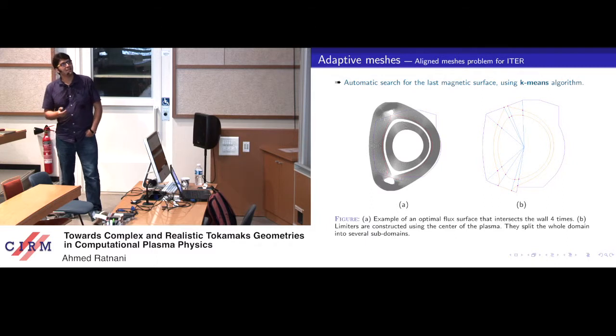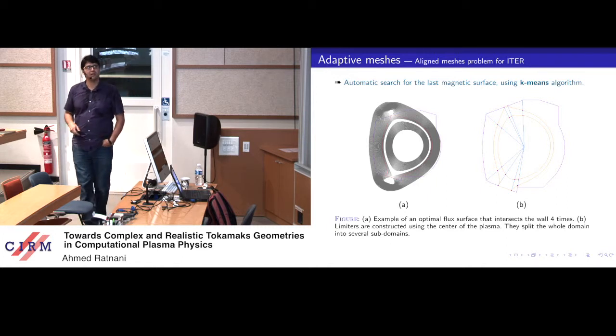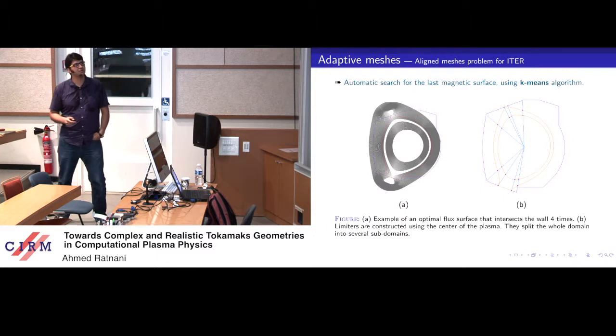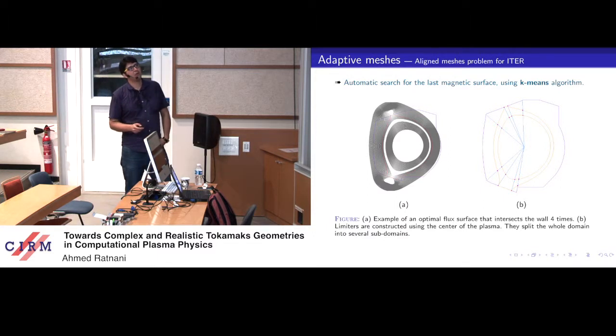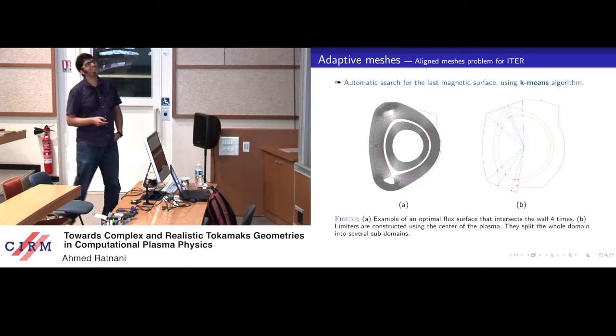And so, for example, here this is the construction for WEST, and we use CAD algorithms to compute the intersection of our magnetic field lines with the boundary, which is the wall here. Okay, it's quite weird, like a wall, but.